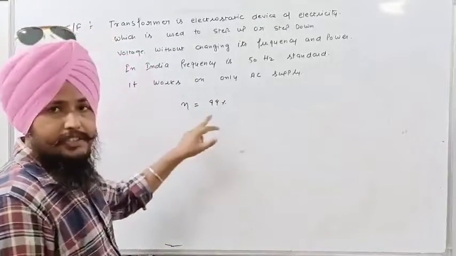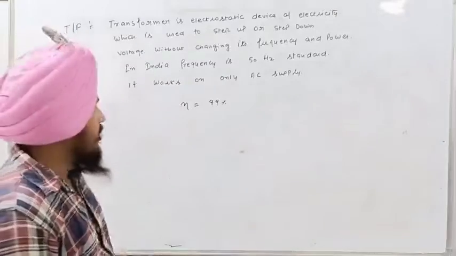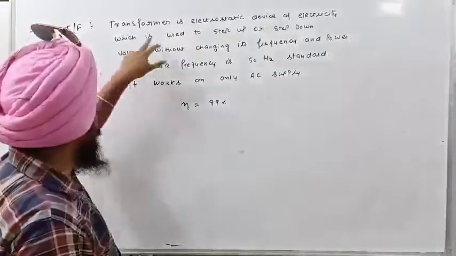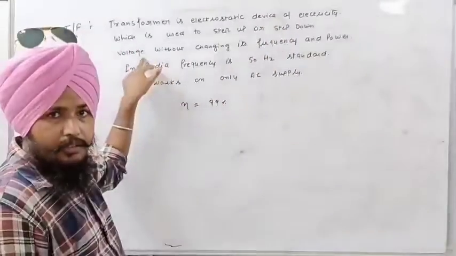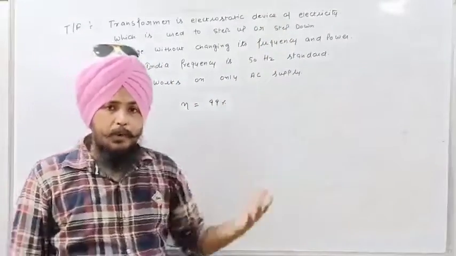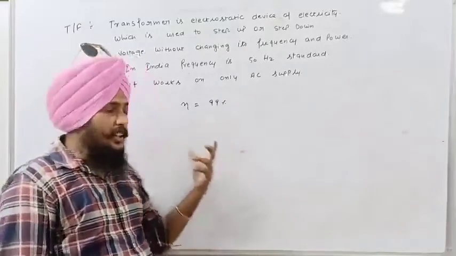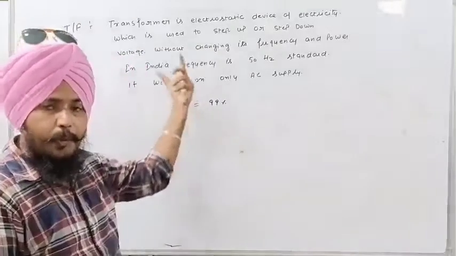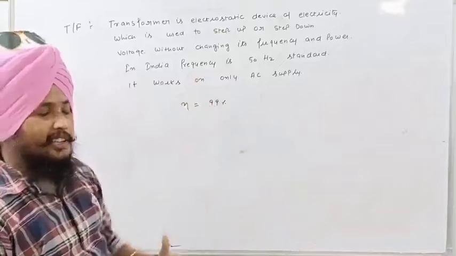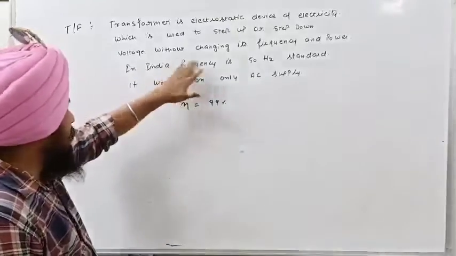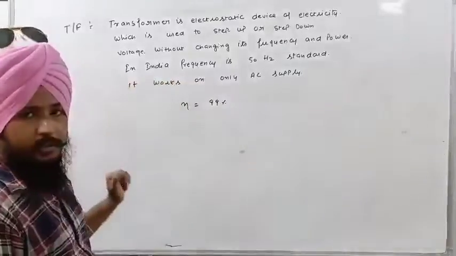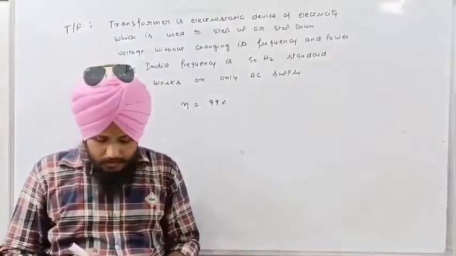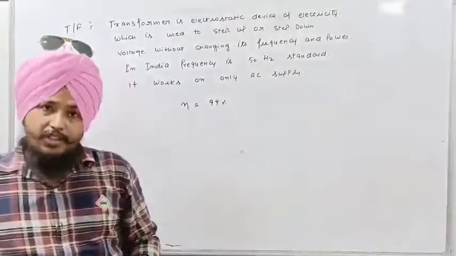It is used to step up or step down the voltage, which means it increases or decreases the value of voltage without changing its frequency and power. Okay? So move to the construction of the transformer.